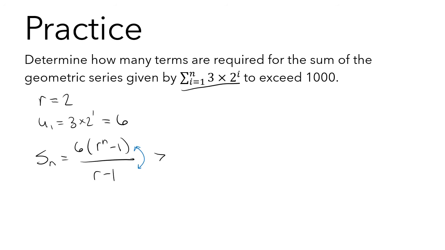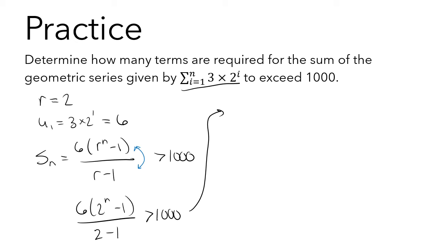So we want to know when is this going to be greater than 1000. So I can plug in my value of 2 for r and do some simplifying. On the bottom I'm going to get 1, and then if I divide by 6 on both sides, I get 2 to the n minus 1 greater than 167 or so.